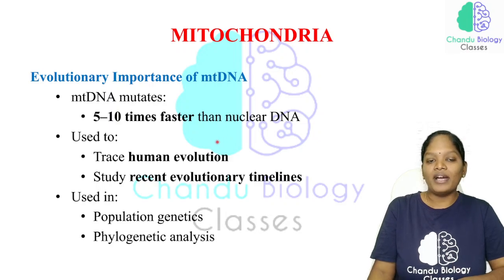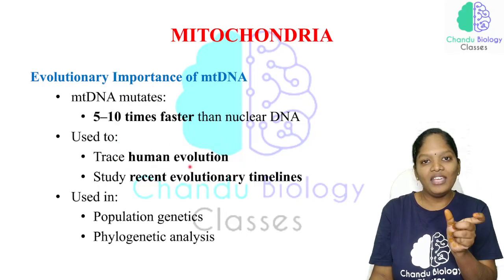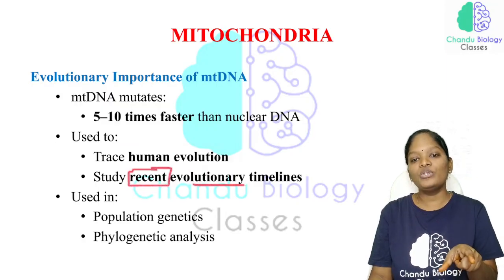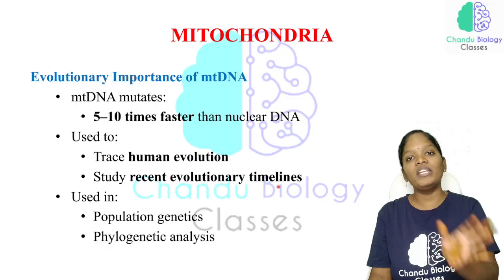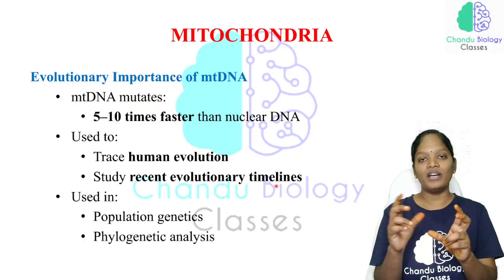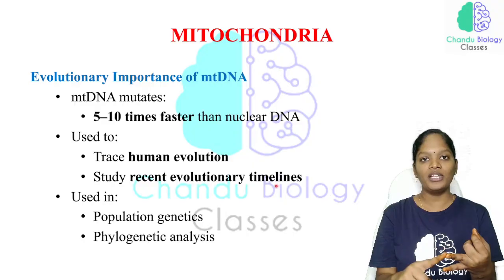So that is why, as it mutates faster, it is very important to trace the human evolution. And another important keyword will be recent. To study recent evolutionary timelines, mitochondrial DNA will be more suitable when compared to the nuclear DNA. Kindly make a note of it. You should not get confused with the nuclear DNA and mitochondrial DNA.